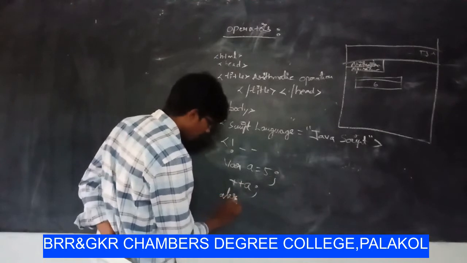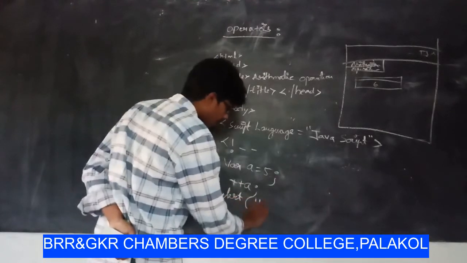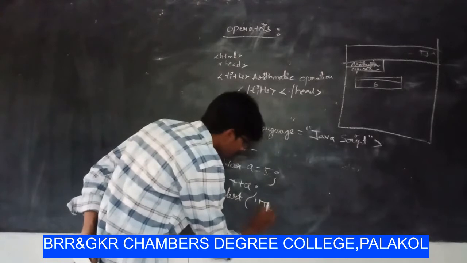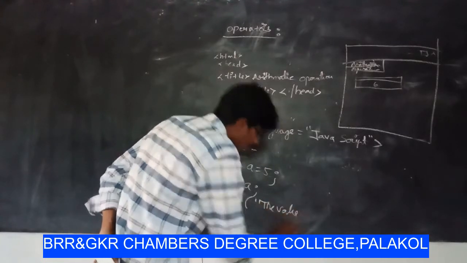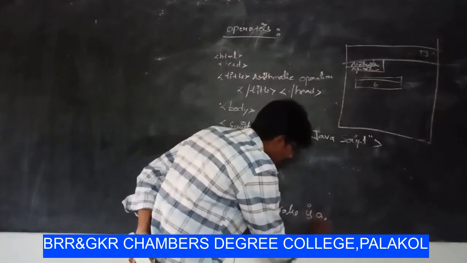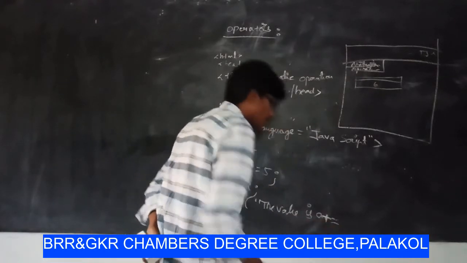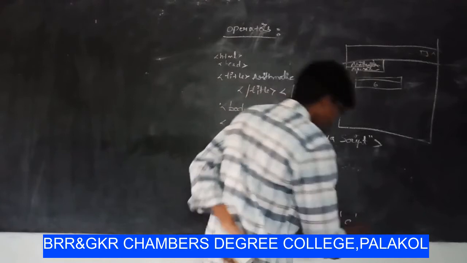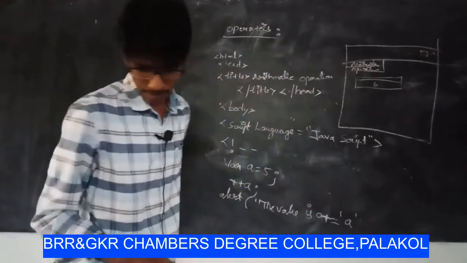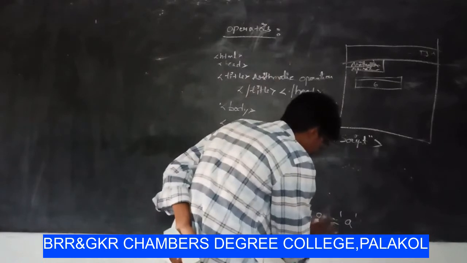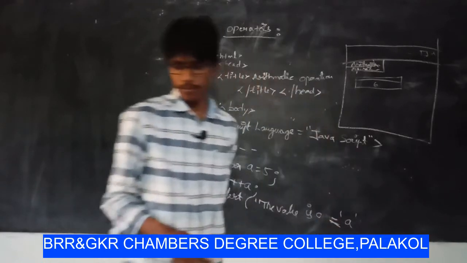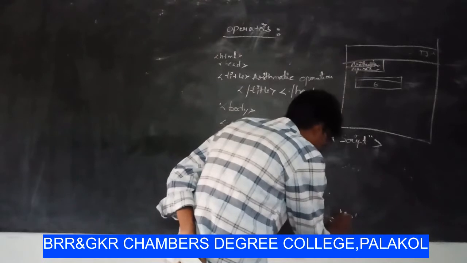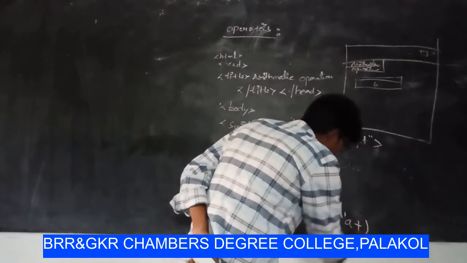After that, create an alert box. There you present the value: a plus equal to, in the quotation, display a equal to, then a plus plus, that is the variable.